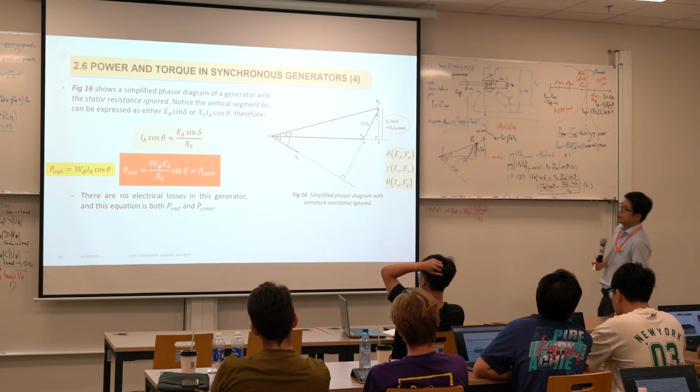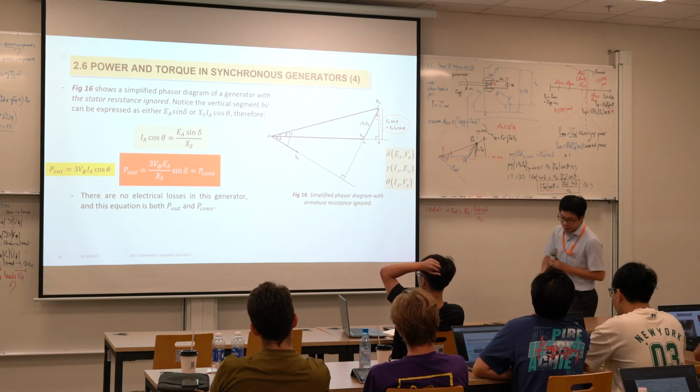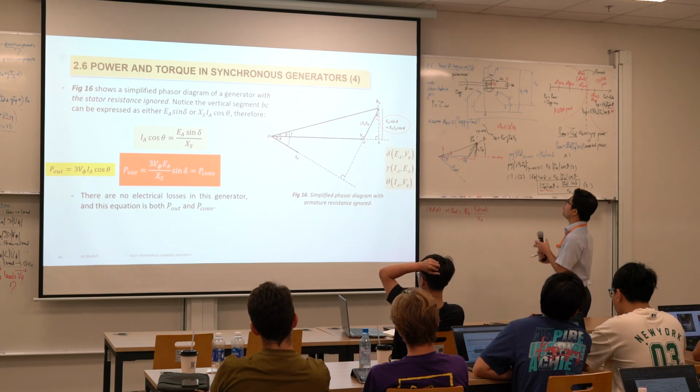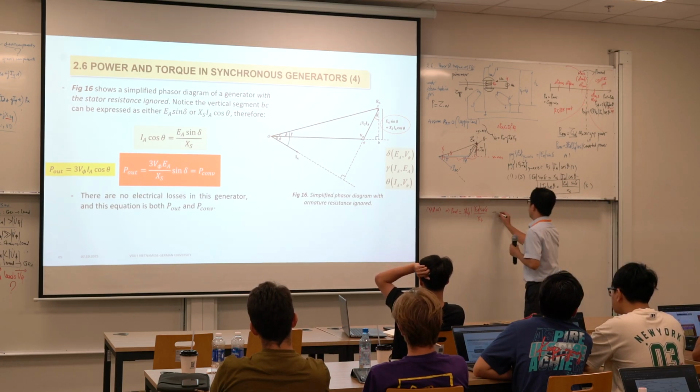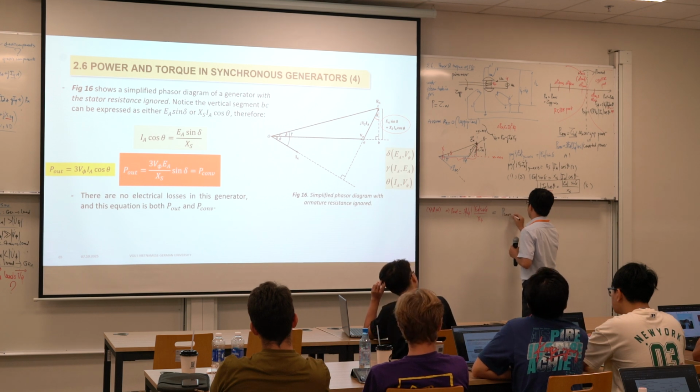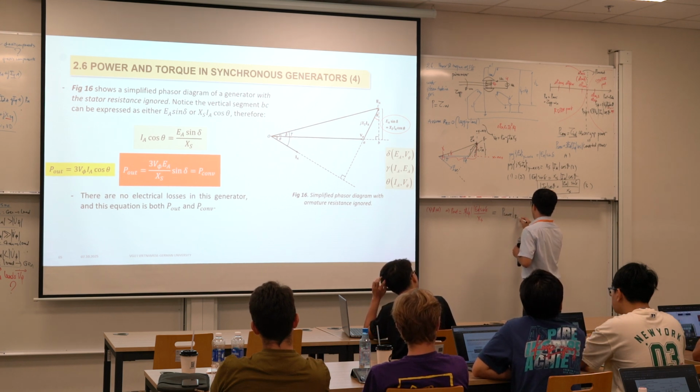We assume we don't have I, so we don't have copper losses at this state. So here E equals V converter if RA is 0.